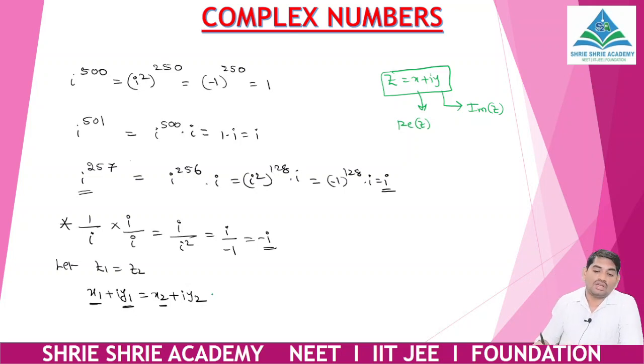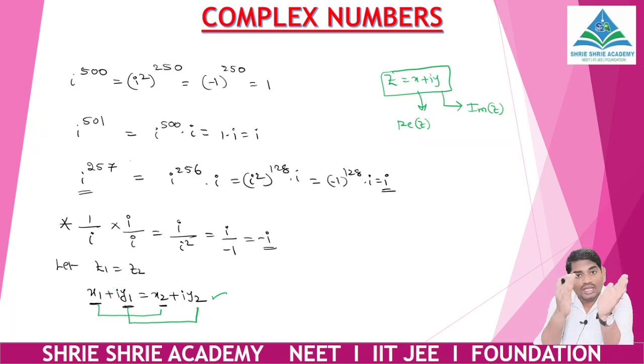Suppose here I am equating these two complex numbers. When we equate two complex numbers, we can equate real part to real part and imaginary part to imaginary part.